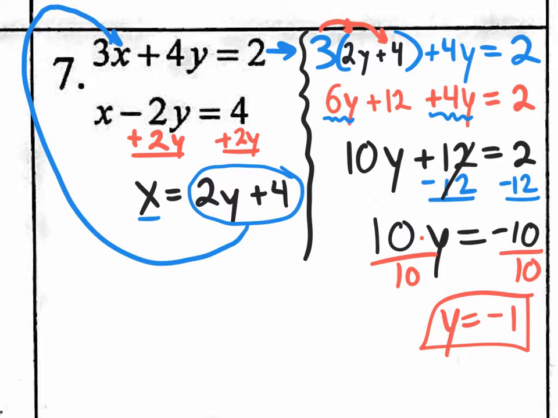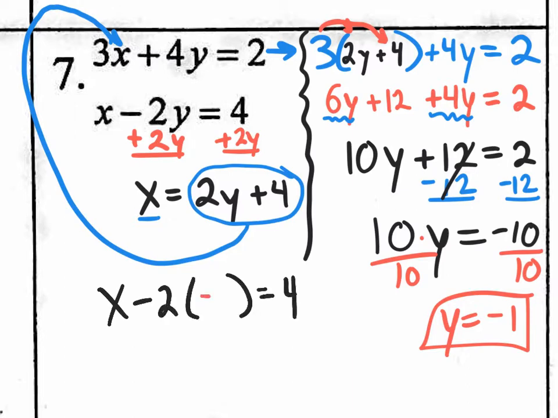I have one answer. I need the other. I'm going to plug it back into any equation I want. I'm going to go for the bottom equation. So I'm going to take this negative 1 and plug it right into the y, because y equals negative 1, so I plug in the 1 right into the y. Let me rewrite my bottom equation. X minus 2y equals 4.